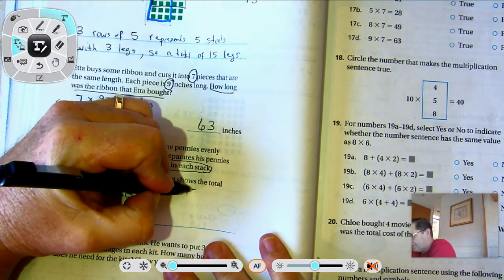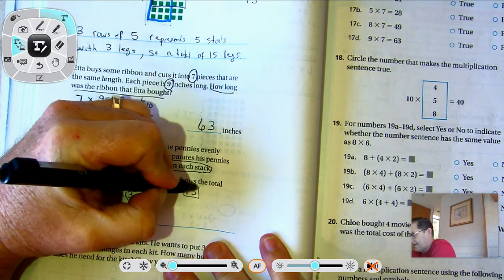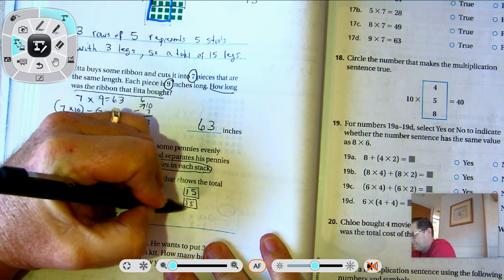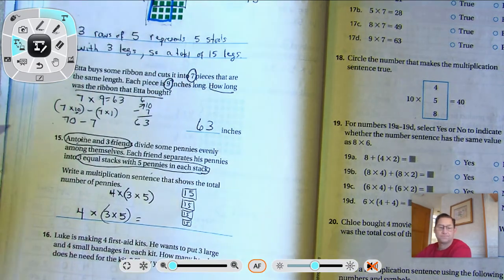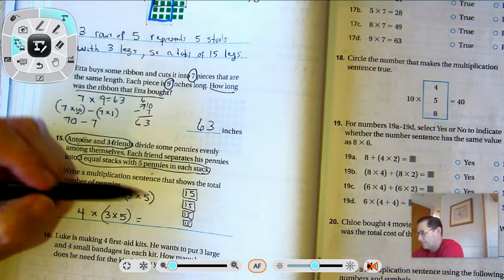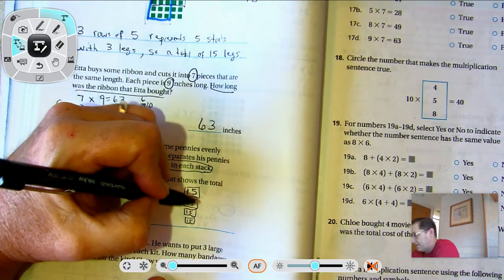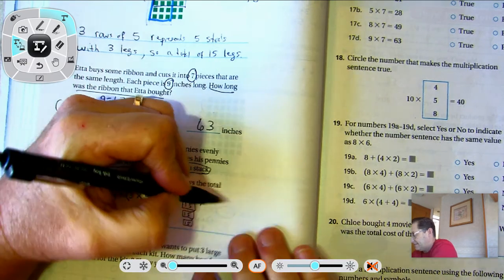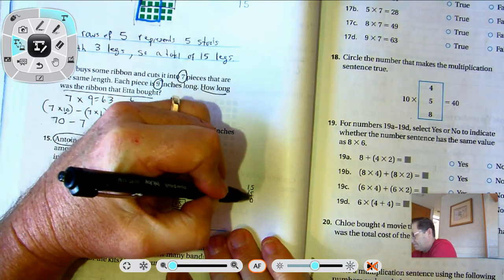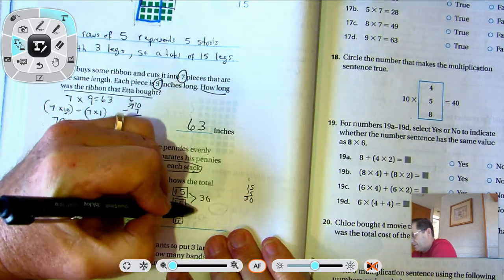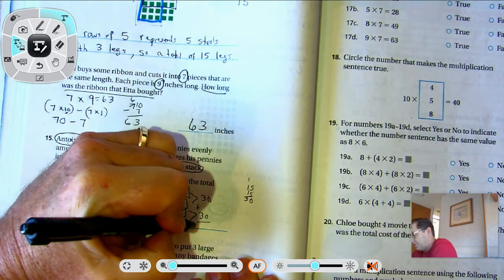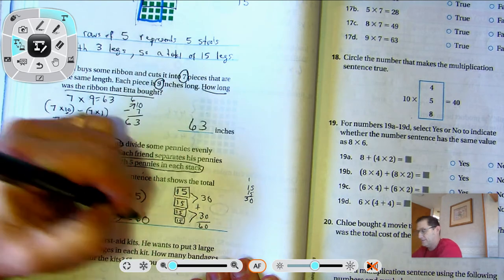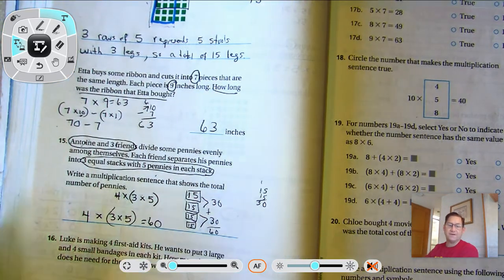So each friend has 15 pennies. Okay, so 4 sets of 15. 15 plus 15 is 30. So I know the other 2 15s also have to be 30. And 30 plus 30 is 60. So 4 times 3 sets of 5 is 60.